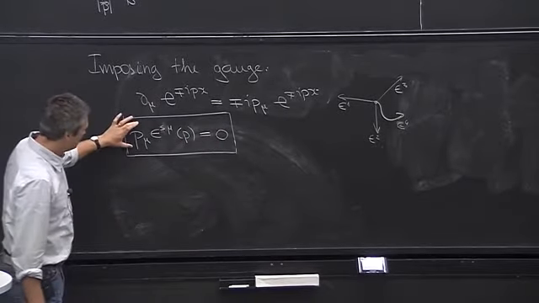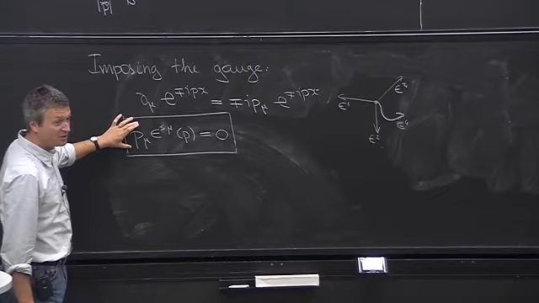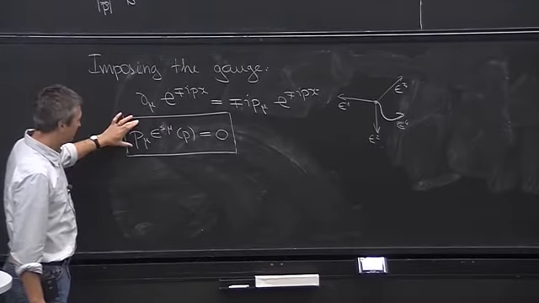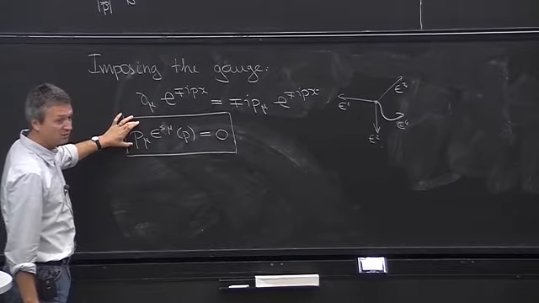So this condition picks up the physical polarization of our waves. Okay. So you see that the physical polarizations should be perpendicular to p.